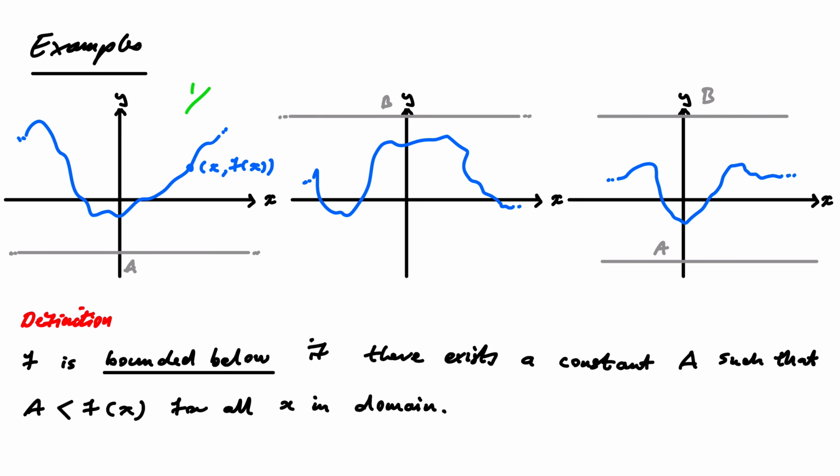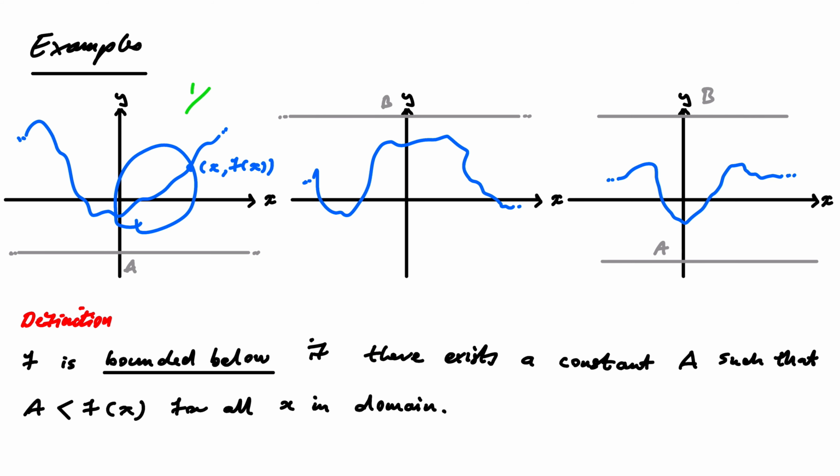It's an example of a global property because it's a statement about the entire graph, the entire function, all the information. You could make this local by saying it's bounded on some interval, which would be like saying, if I forget about the entire graph, but I only look at this part of the graph.